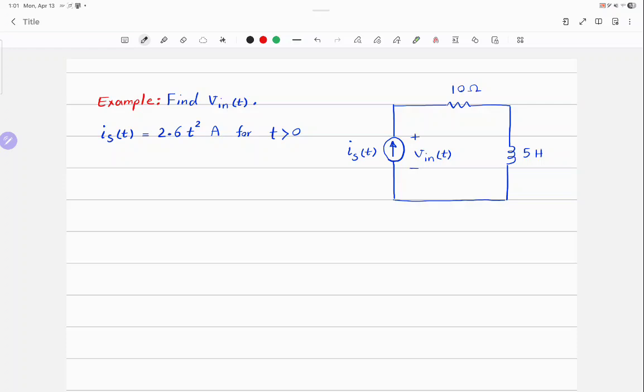Okay, let's find V in T in this circuit. IS is given to you, and we want to find V in. So I'm looking for suggestions. Let me ask you this.